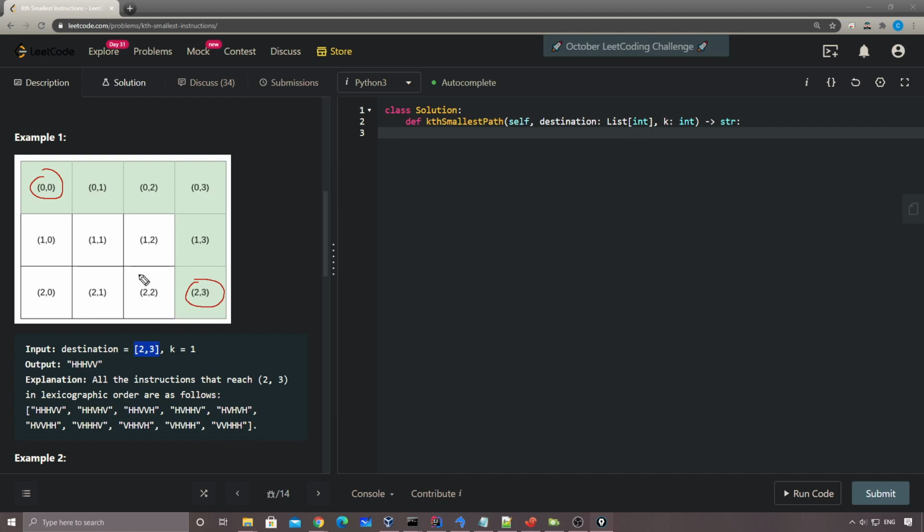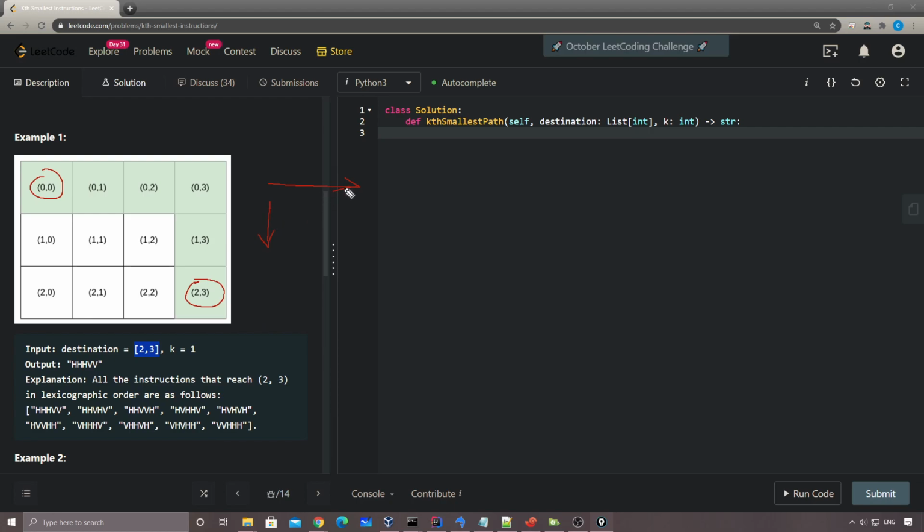As you can see, there are many ways you can get to this location, and every time you can either go right or go down. You only have those two options.